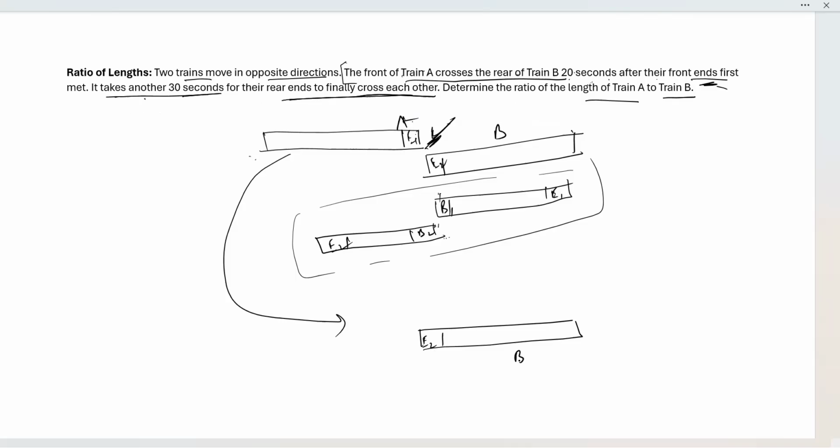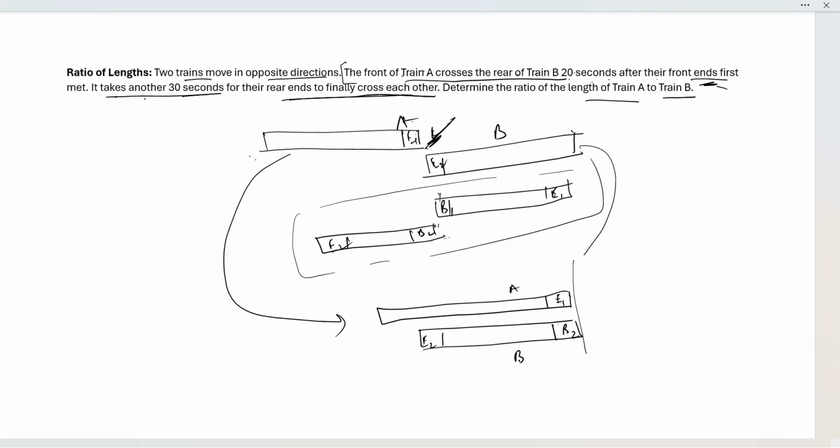This is train B. This is the train. So this is the situation that it is talking about.